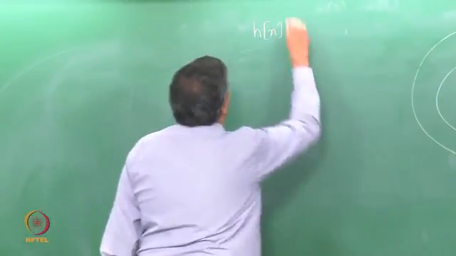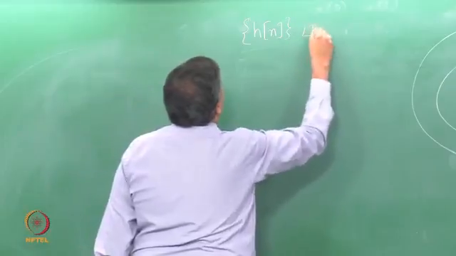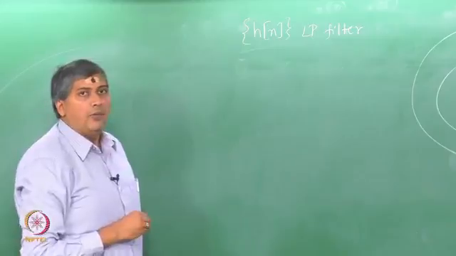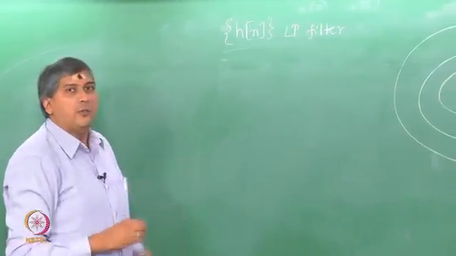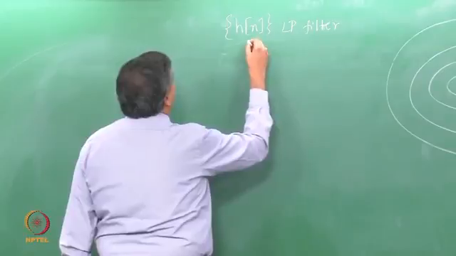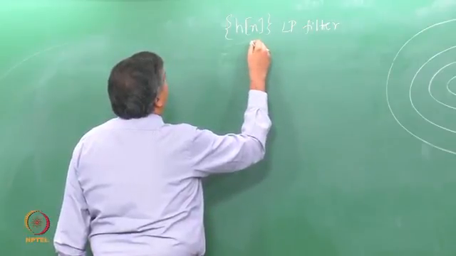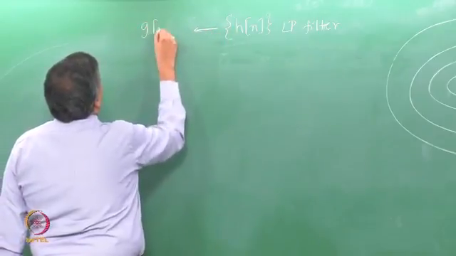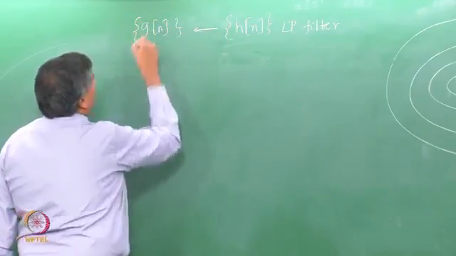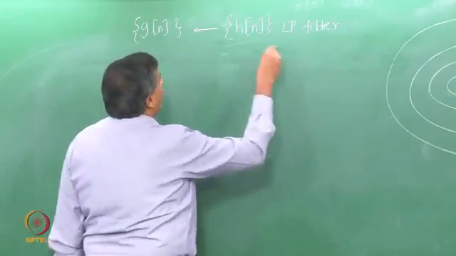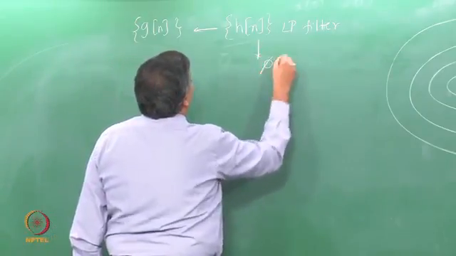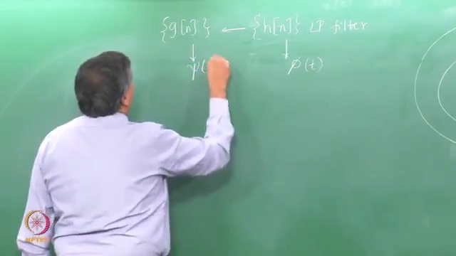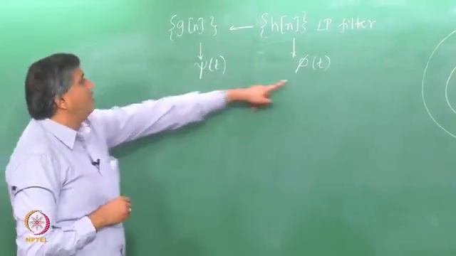I start with the design of this low pass filter, and if I want orthonormal decomposition, that is approximation and detail should be orthogonal, then that condition automatically fixes the associated high pass filter. So, from h of n I design g of n, the high pass filter, and this low pass filter generates a scaling function. From this high pass filter also I can generate the wavelet, not only at scale 0, but at all scales.